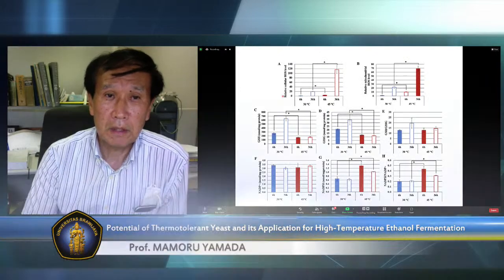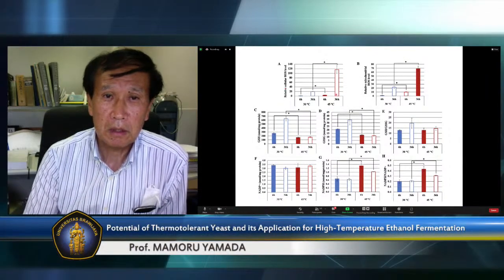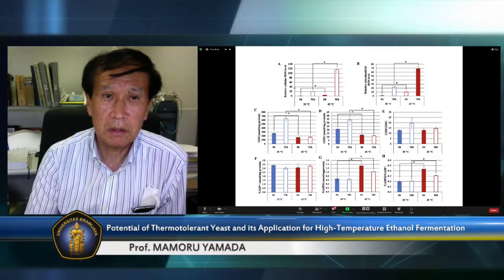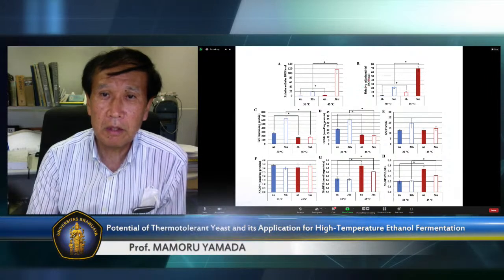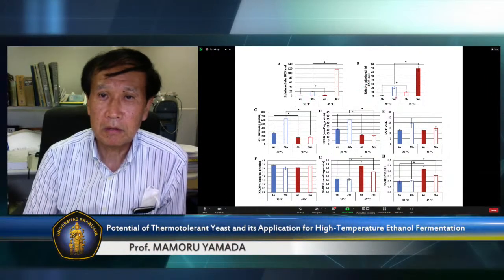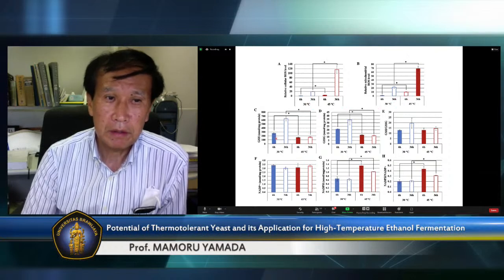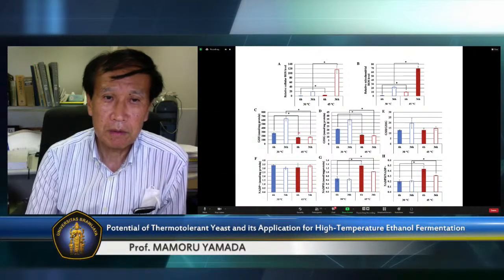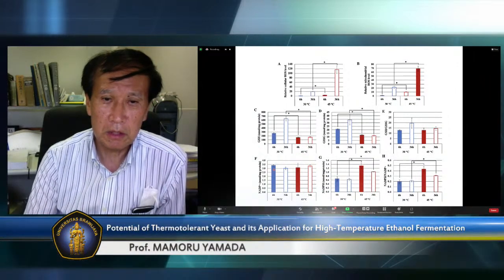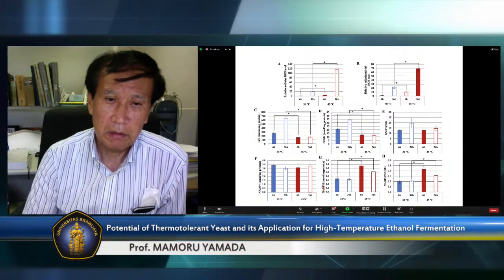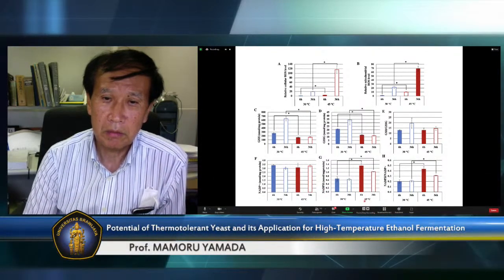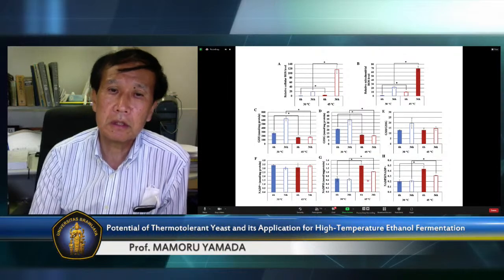And as we expected, at high temperature, cellular and mitochondrial ROS, reactive oxygen species, levels are higher than at 30 degrees Celsius, and the glutathione level is lower at 45 degrees Celsius. And interestingly, NADPH levels were higher at 45 degrees Celsius.